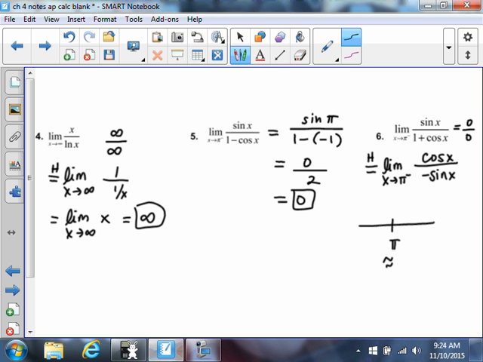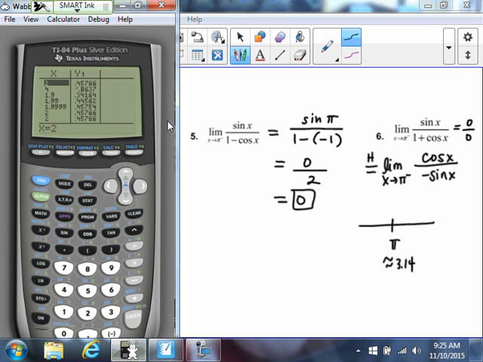We know pi is around 3.14 something. What do we want to plug in? Let's say 3, 3.1, 3.14. We want to get closer and closer and see what's happening. Maybe we can even start with 2.5. So 2.5, 3, 3.1. Whoops, I hit something.